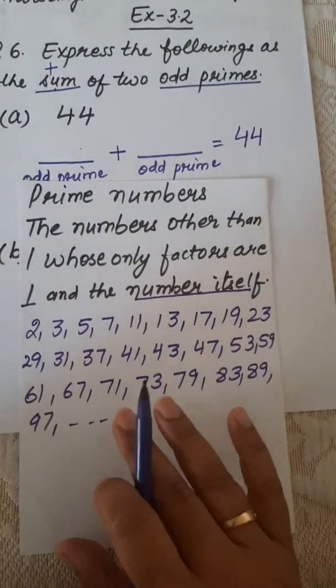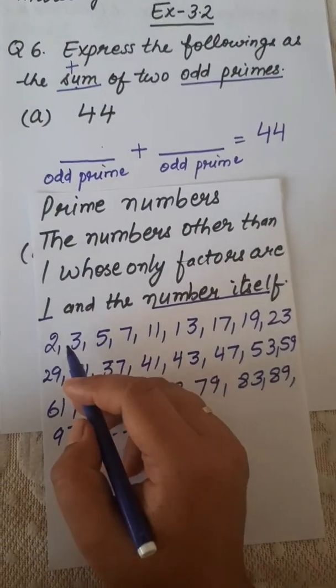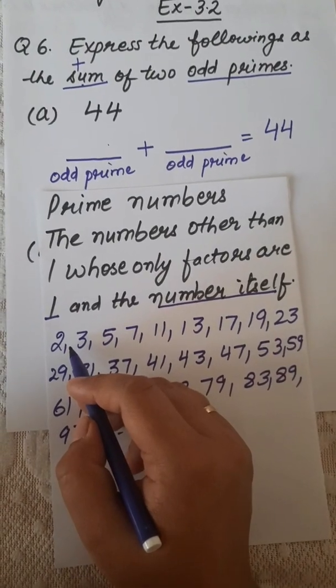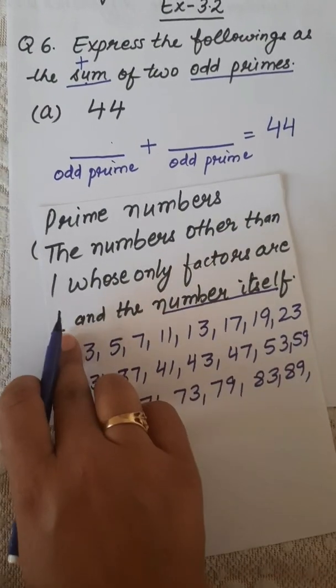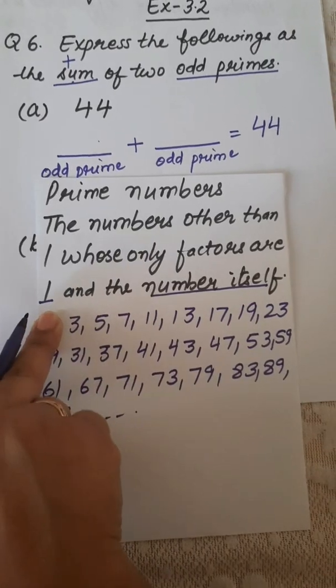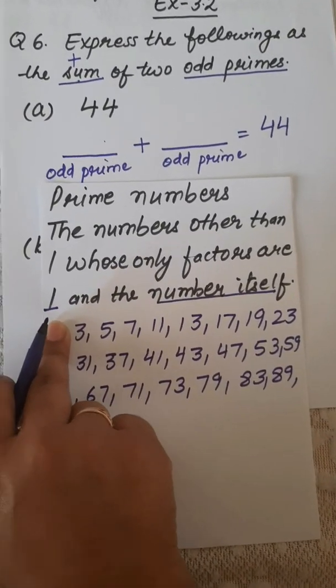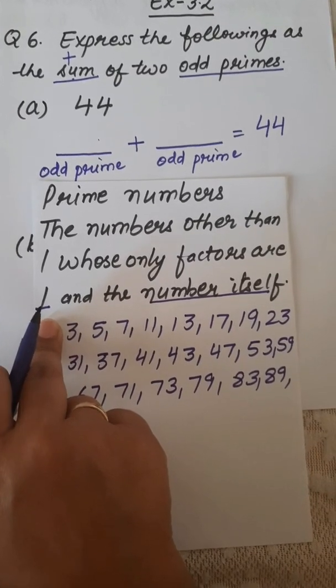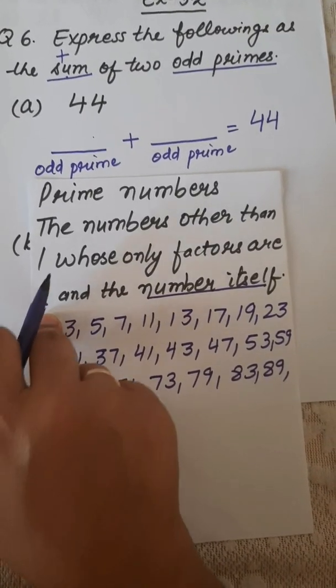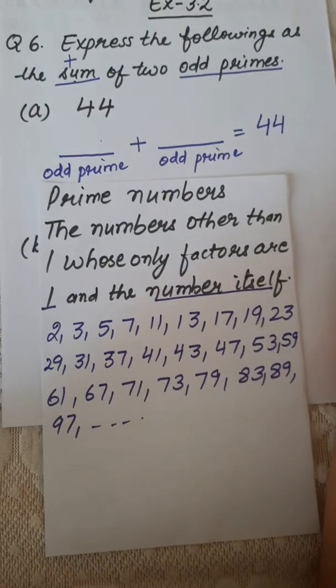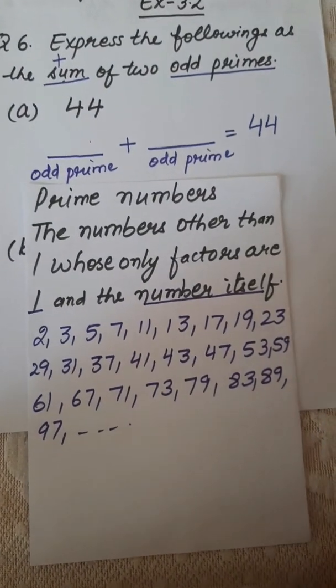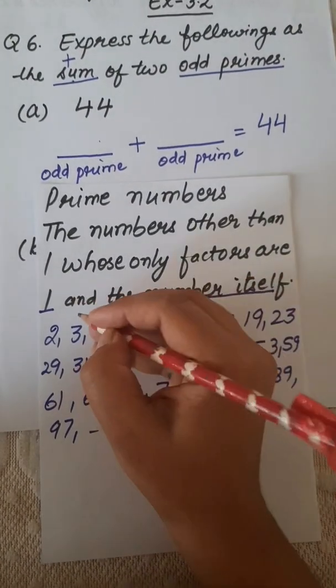As we know that 2 is the only even prime number, so we don't use 2. Other than 2, we have so many prime numbers, and all of them are odd primes. We have to take any two odd prime numbers and express them so that I will get 44.